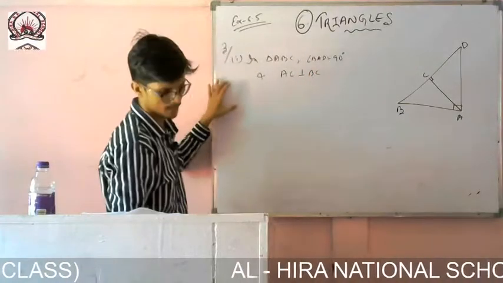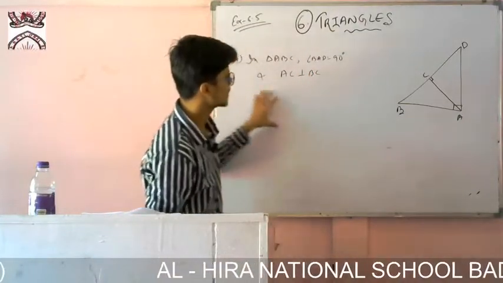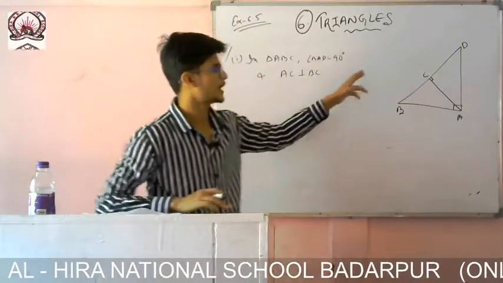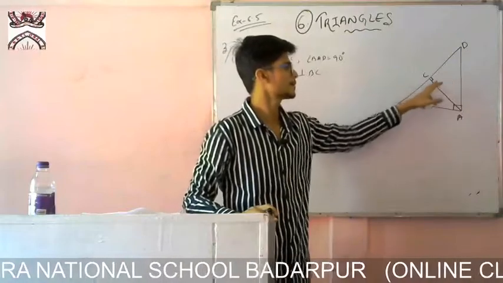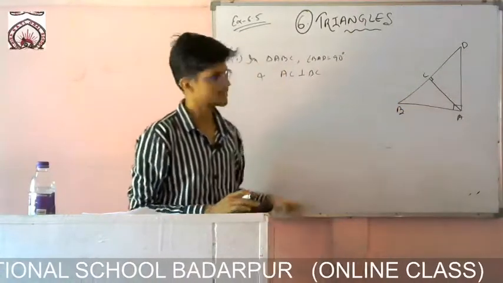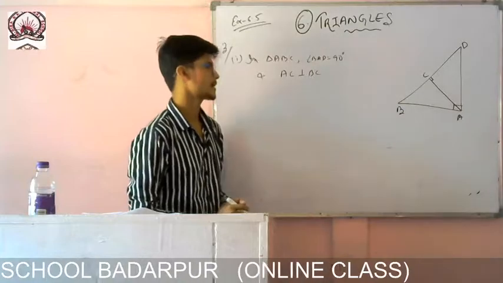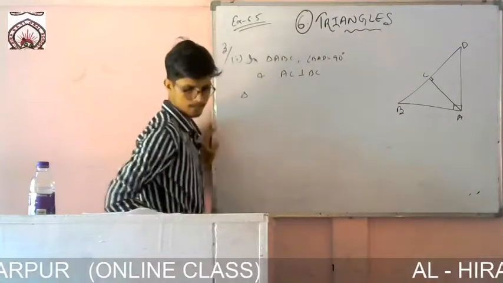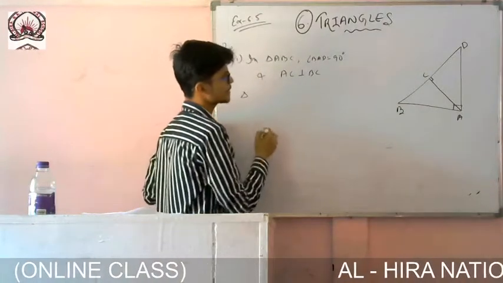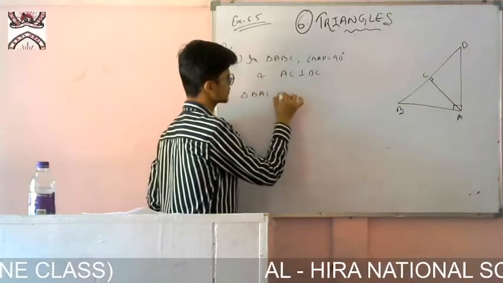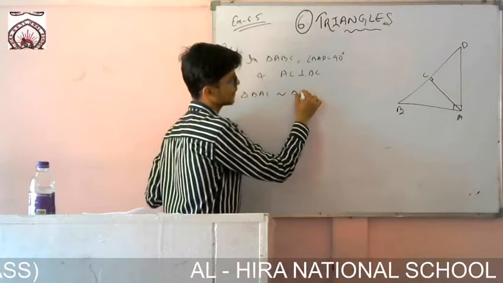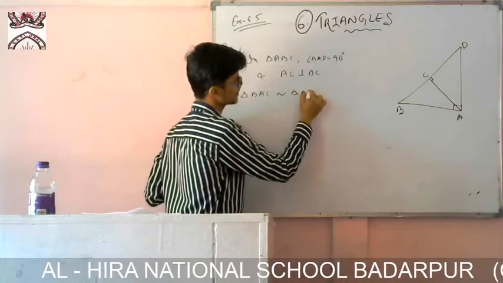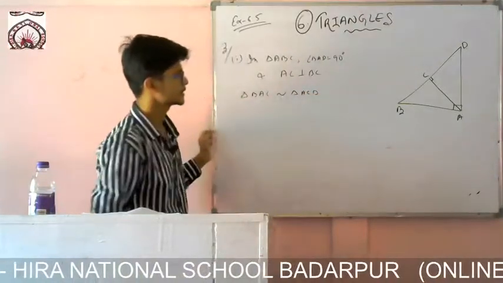So earlier what we have read, it's better if you write that line which I have written: in a right triangle, the perpendicular drawn from the right angle to the hypotenuse divides the triangle into two similar triangles. So I can write triangle BAC is similar to triangle ACD.